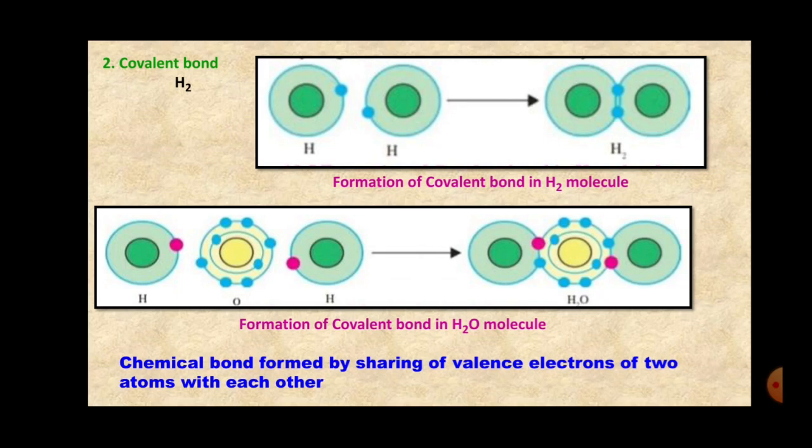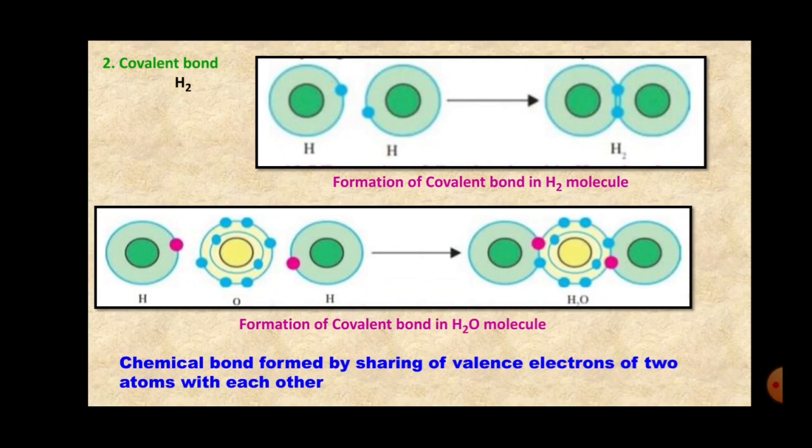Now oxygen needs 2 more electrons to complete its octet, whereas hydrogen needs 1 more electron to complete its duplet. So oxygen keeps 1 electron in the center with 1 hydrogen atom and the other 1 electron with the other hydrogen atom. And the hydrogen atom also keeps its 1 electron in the center, as the second hydrogen atom also keeps its 1 single electron in the center.